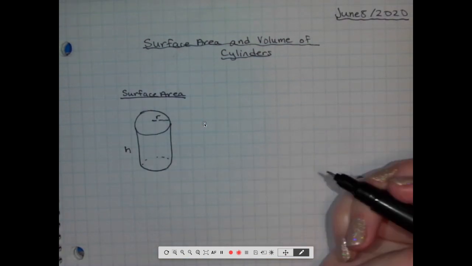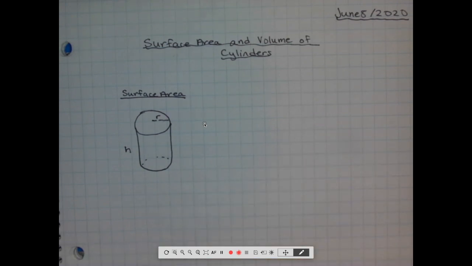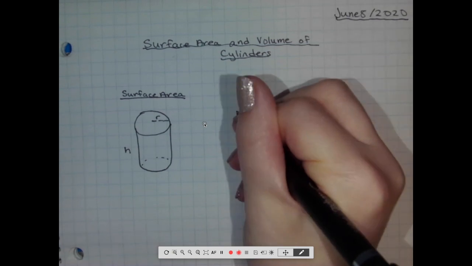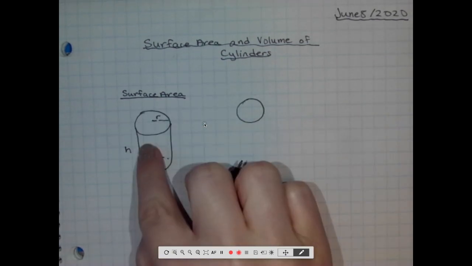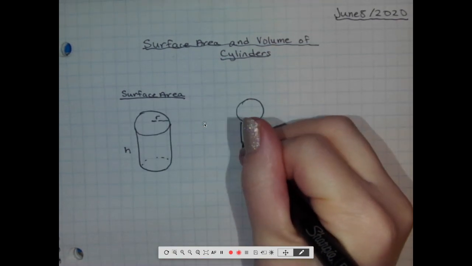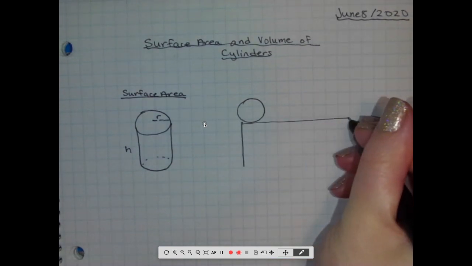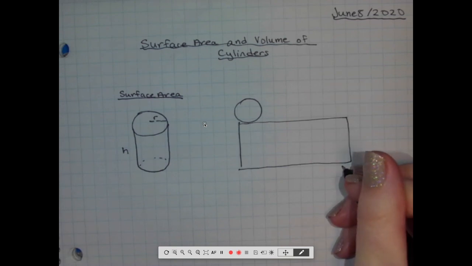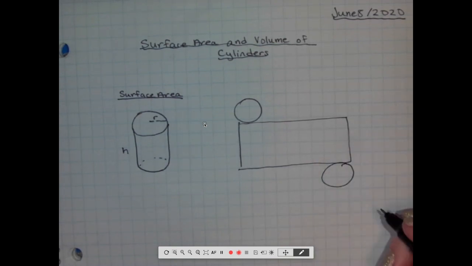So let's roll on over to the net so that we can figure out what are all these pieces. So we have a top circle, then we have this body. Again, not to scale. And then we've got a bottom circle.